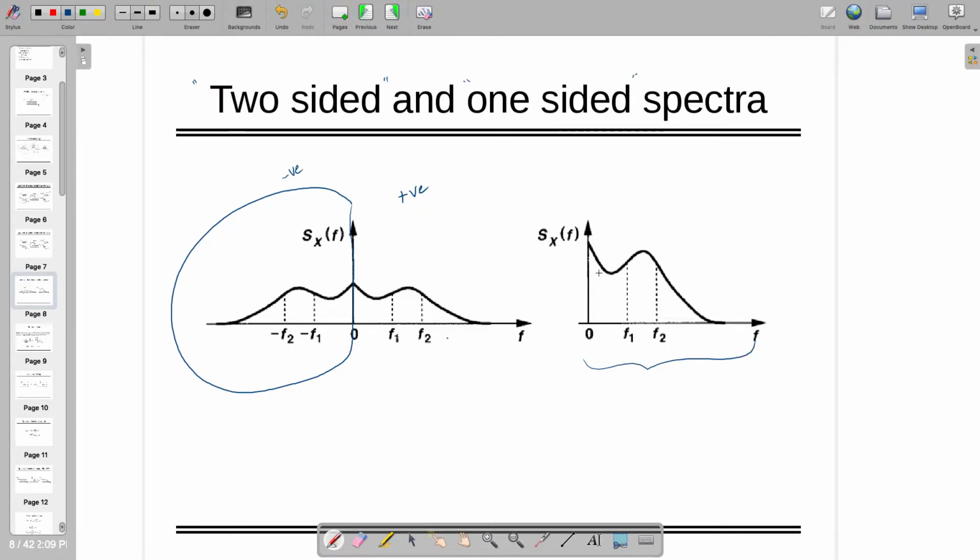If you are drawing this Bode plot, the negative side will be like this. This is already known to you, right? Such a filter is known as a brick wall filter. You have heard about all these things, so there is no problem.